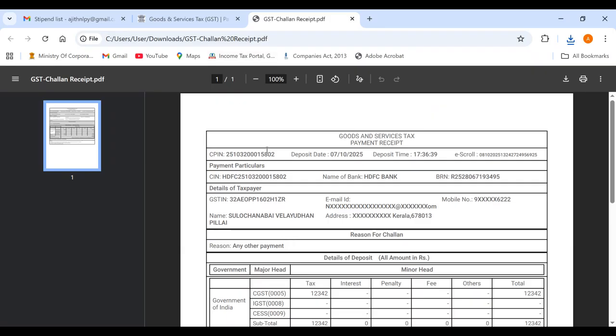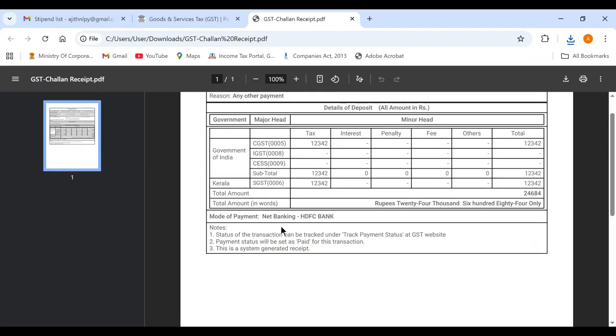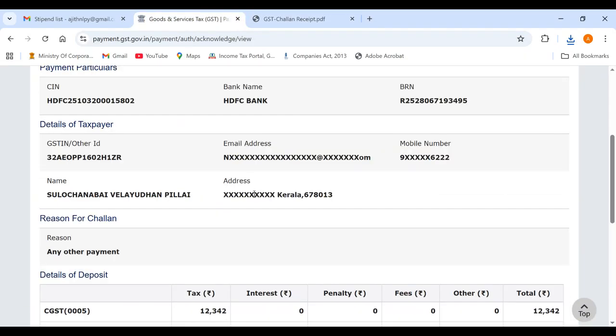The challan comprises CPIN, identification number, date of deposit, time of deposit, e-scroll number, SIN, name of the bank, BRN, GST number, email ID, mobile number, all those things. So this is the way the challan would look.